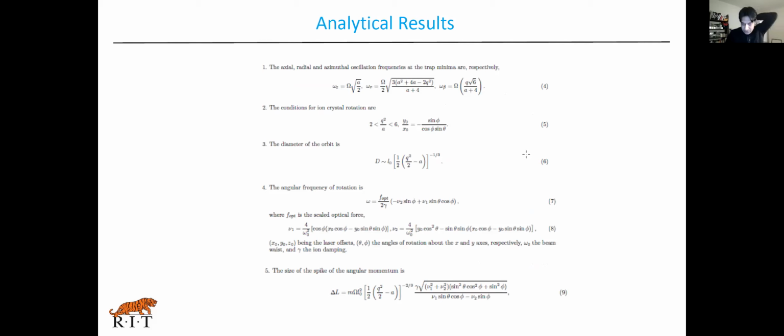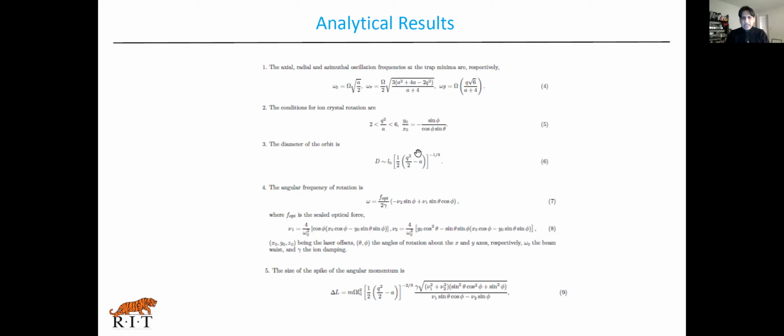Okay, so I've shown you a lot of numerical simulations, but I'd like to share some results that Duke came up with, which are extremely useful and insightful, using very impressive analytics. He figured out that when the ions were sitting at the minima of the pseudopotential, you could write their axial, radial, and azimuthal frequencies analytically. He derived conditions for ion crystal rotation, which have to do with trap stability, and laser offset and alignment, which were extremely useful in finding the right places for the numerical simulations to start.